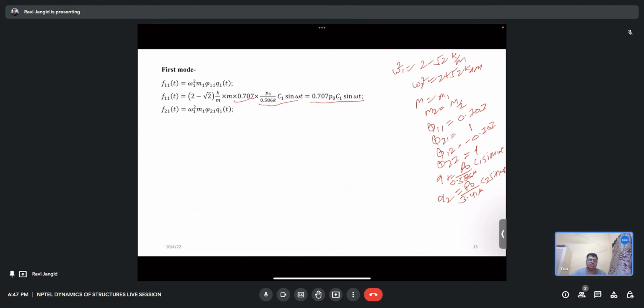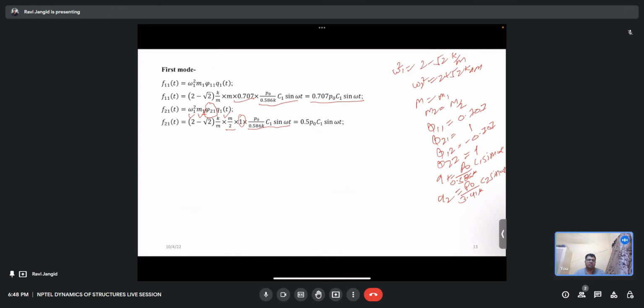Now f21, in which we only need to change the mode shape, because it corresponds to the second degree of freedom, and all other things remain the same, like modal frequency, because it is corresponding to the first mode, and q1 of t. The mass will change to m2, because this corresponds to the second degree of freedom. So if you put it, that will come as (2 minus square root of 2) k by m, m by 2, this is the 1, this is the q1.